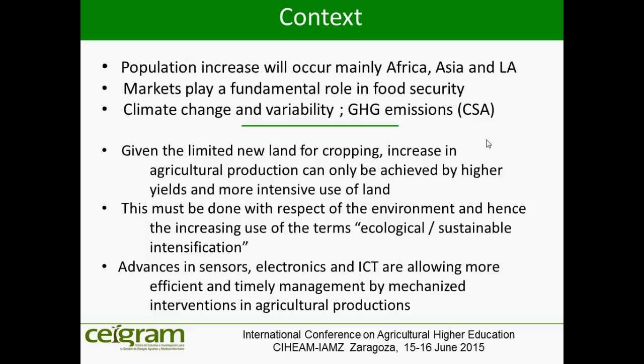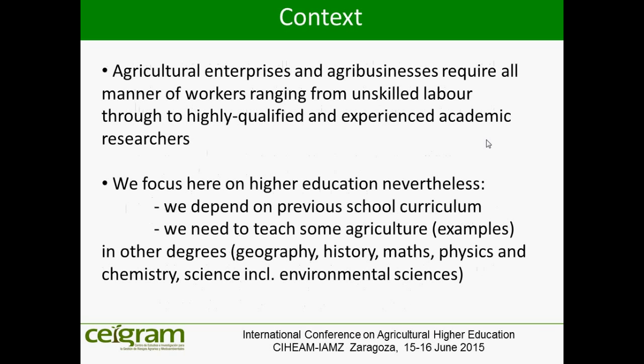Now, agricultural enterprises do contract all kinds of labor. So we have cheap or not well-trained workers, unskilled labor, to highly qualified labor. And we also work in our research center with big companies or farmers dealing all in relation with risk analysis and an instrument to deal with risk.